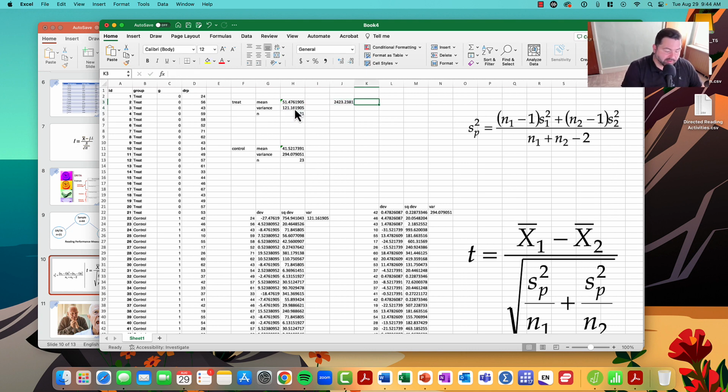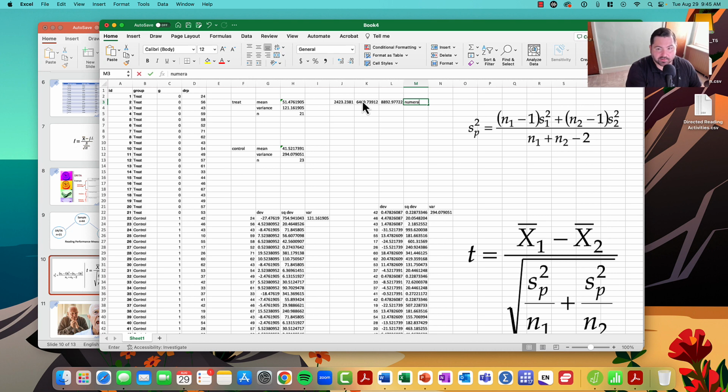I'm going to do the same thing for the second group. And so that's going to be equal to, open parentheses, n2, 23, minus 1, and multiply that by its variance. And then if I take the sum of adding both of those up together, you can see that I get the numerator taken care of here.